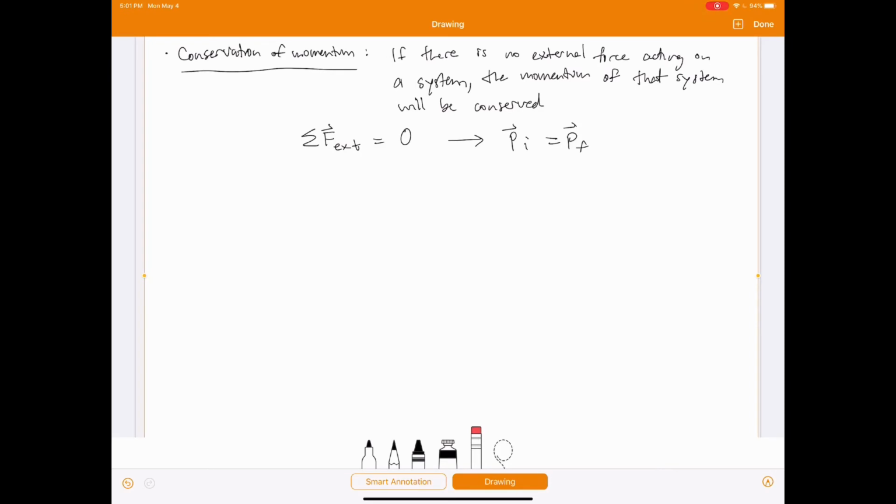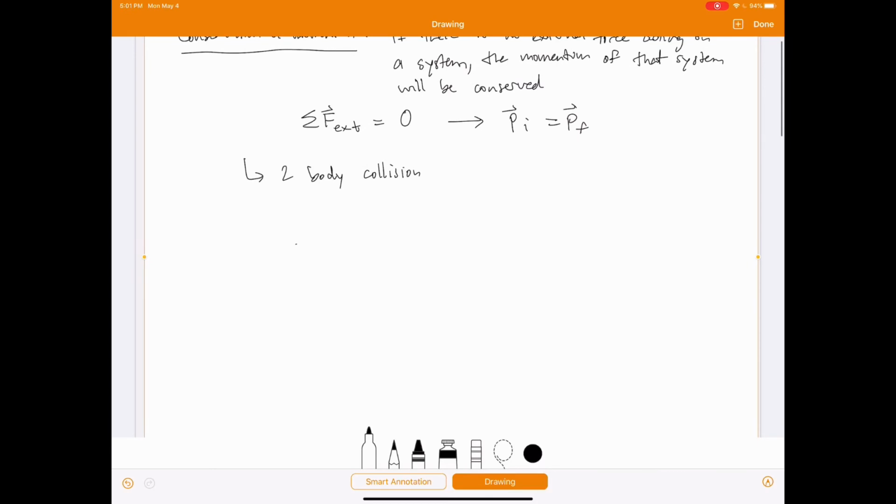Now, the most common use of this, or the most common that we've seen at least, is in a two-body collision, where you have two objects, let's call them A and B, which are moving in some kind of way, some velocity, let's call it VA, and some other velocity, let's call it VB.